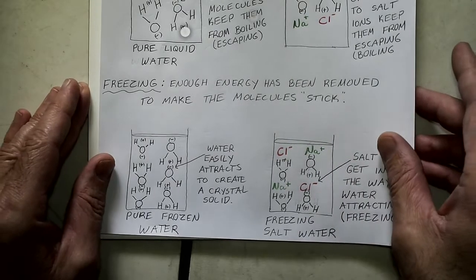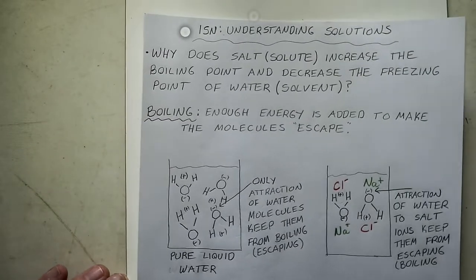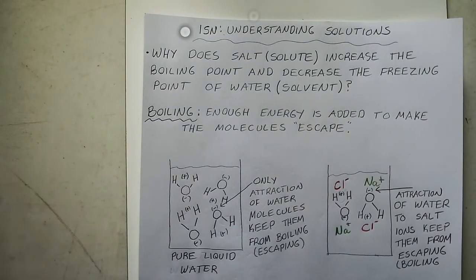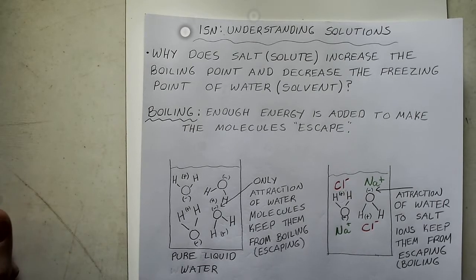Okay. So now that you have that all copied down, let's go over what it means. What I want you to think about with this is, why do we put salt in ice when we're making ice cream? Why does the salt make the ice colder?